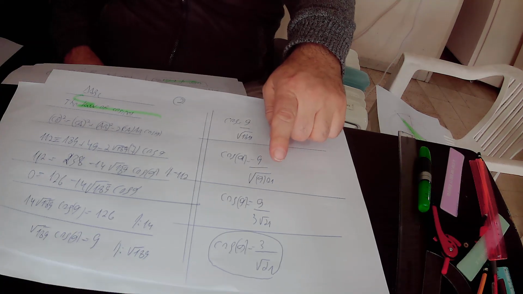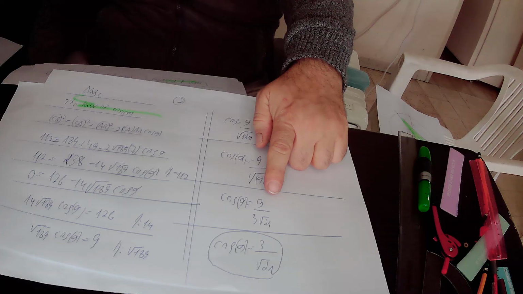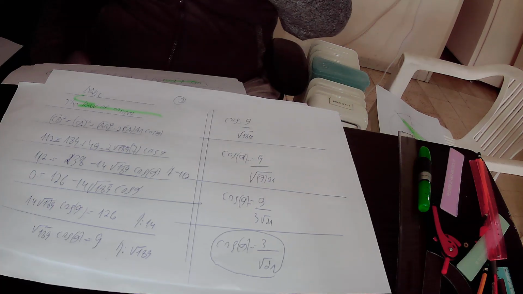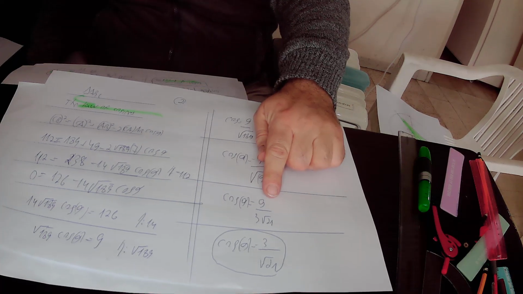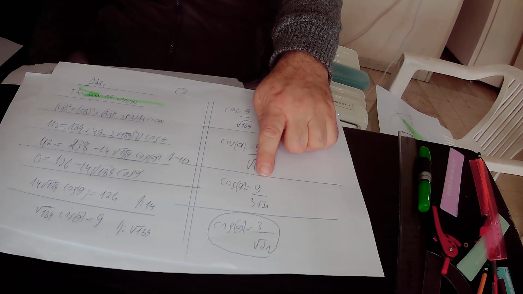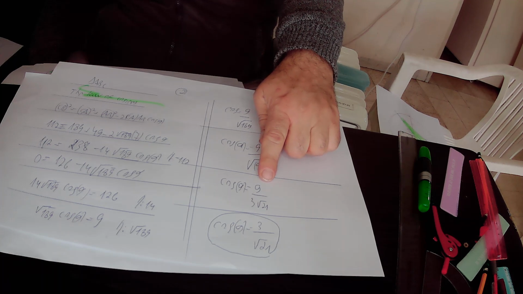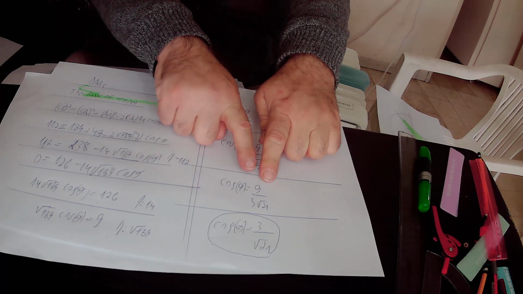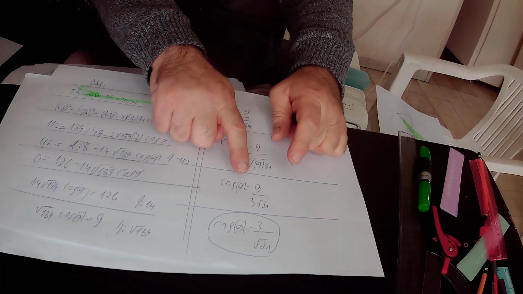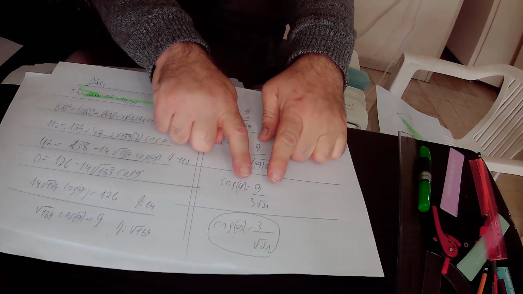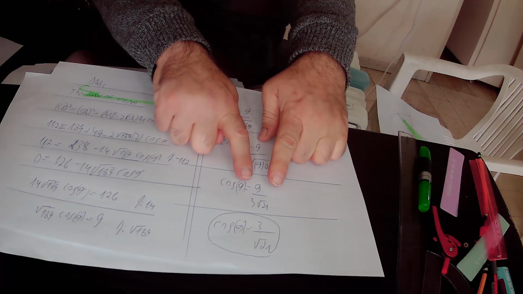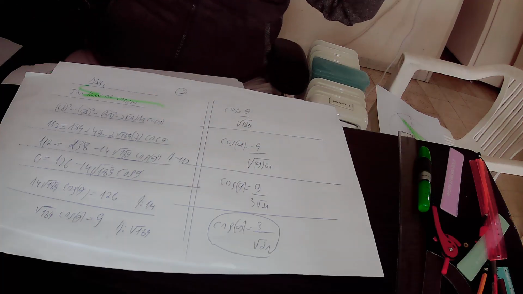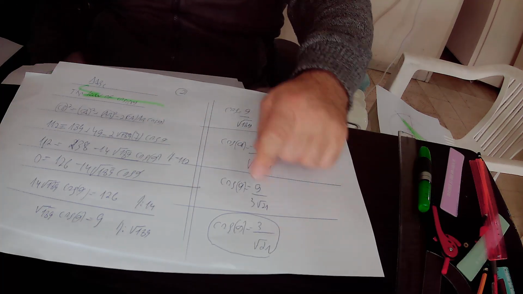So cosine alpha equals 9 over 3 times the square root of 21. Here we divided both the numerator and the denominator of this expression by 3. So cosine alpha equals 9 over 3, which is 3, and 3 over 3 is 1, so in the denominator we are left only with the square root of 21. So in total, we found out that cosine alpha equals 3 over the square root of 21.